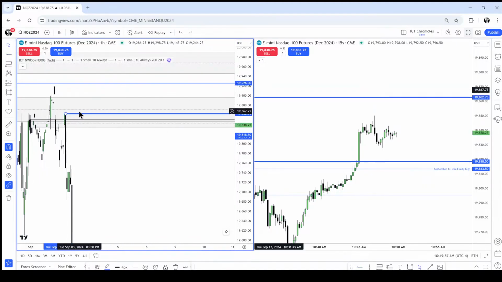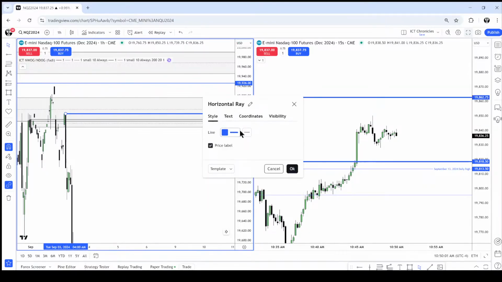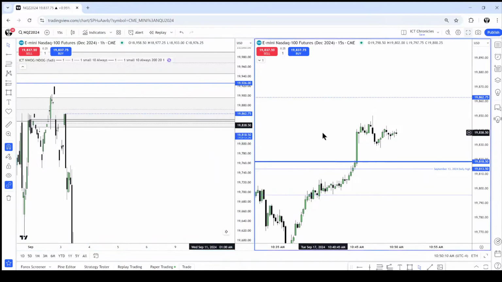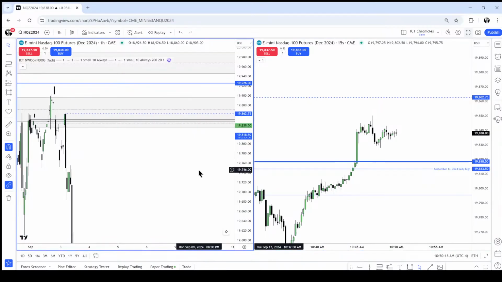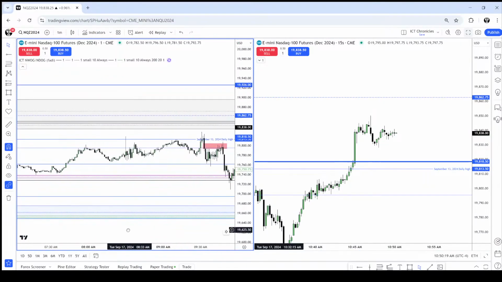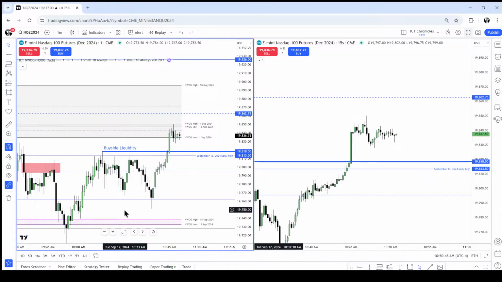So now that level, I'll change its style a little bit so that you can see it differently. All right, so there's another pool of liquidity, buy side, and it's framed on the hourly chart. And all we're doing is providing a means of framing an exercise.